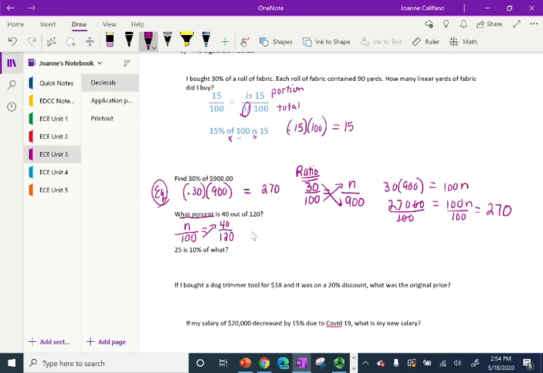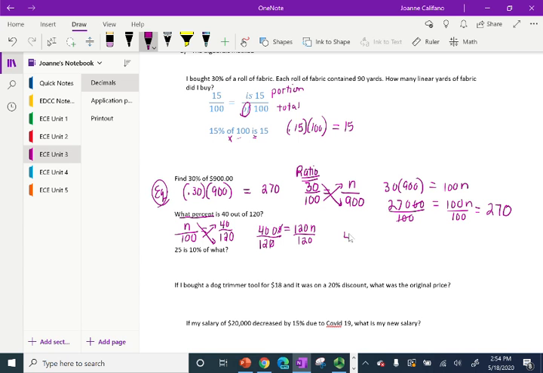Cross multiply. And then to get your answer, you're going to end up having to divide by 120. And that would be the math you would have to do there. 4,000 divided by 120. I can knock off a 0 top and bottom. Becomes 400 divided by 12.